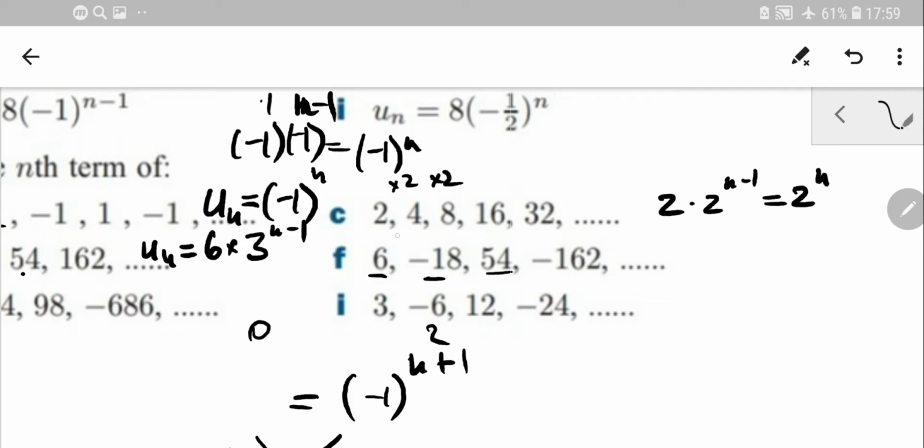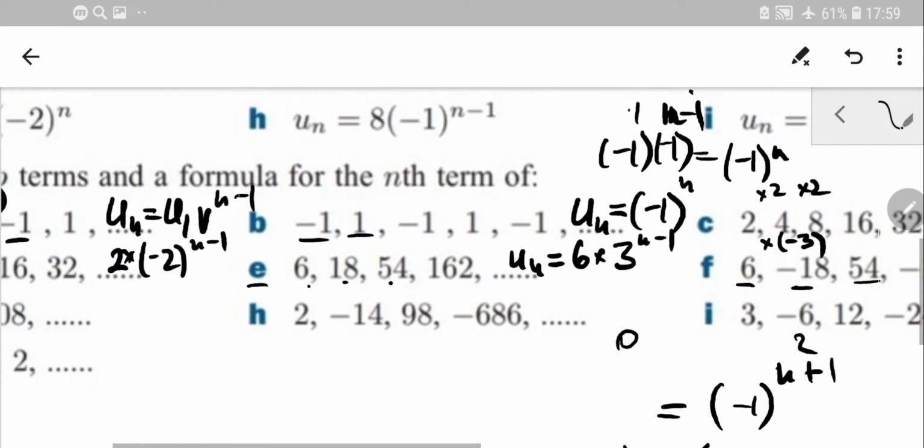In this case, we multiply by -3, so the common ratio is -3, and that's why the formula for the nth term is 6 times -3 to the power n minus 1. The ratio is negative, so negative 3 to the power n minus 1.